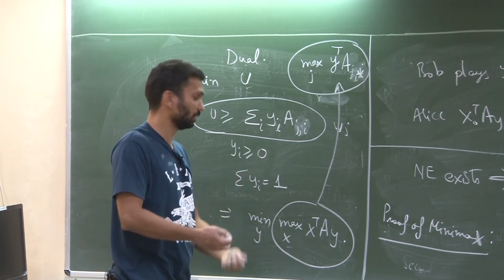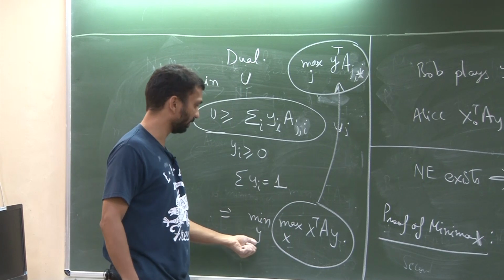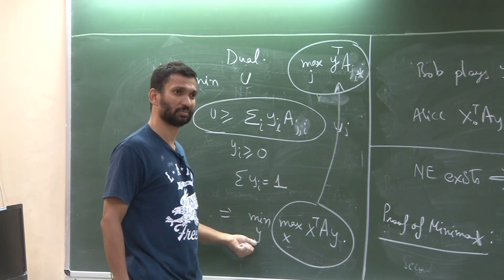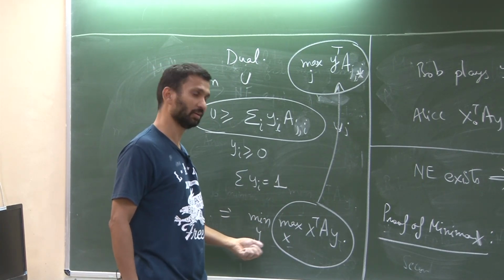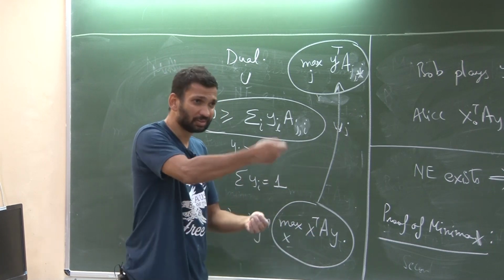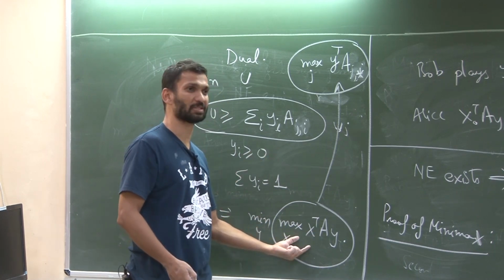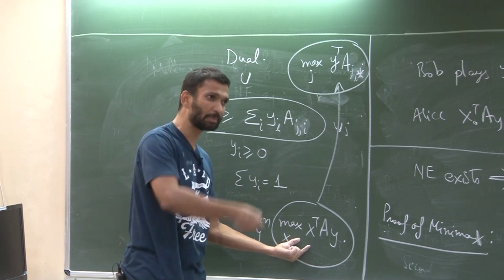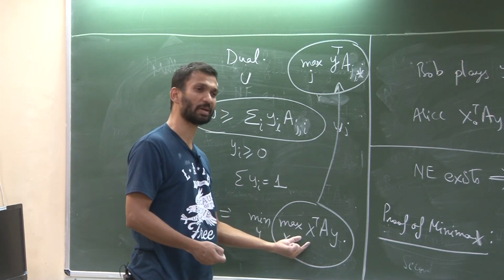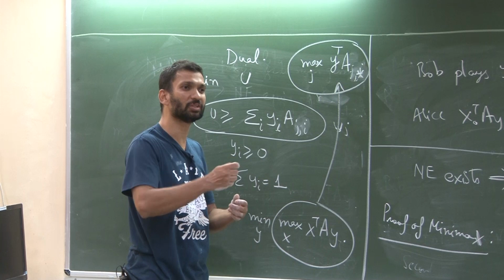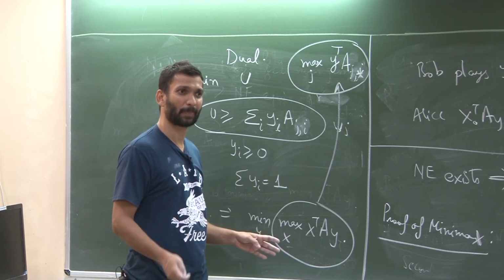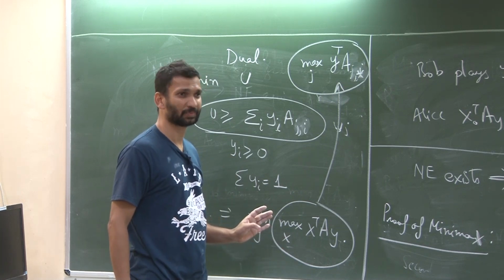There is no point having a mixed strategy when y is fixed. If you fix y, the best response here is the deterministic strategy which maximizes this. If there are multiple deterministic strategies which maximize this, any linear combination is also okay. Sounds good?